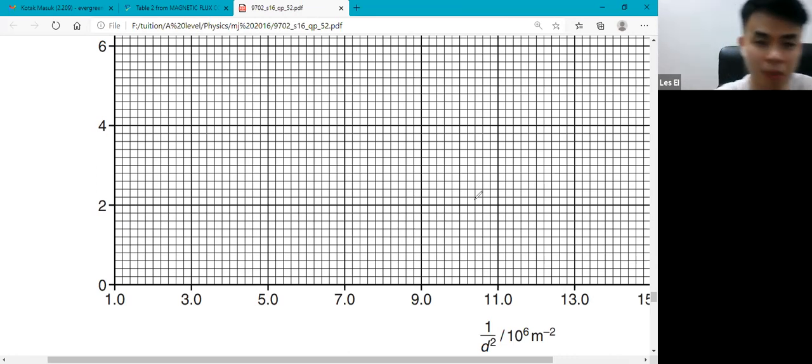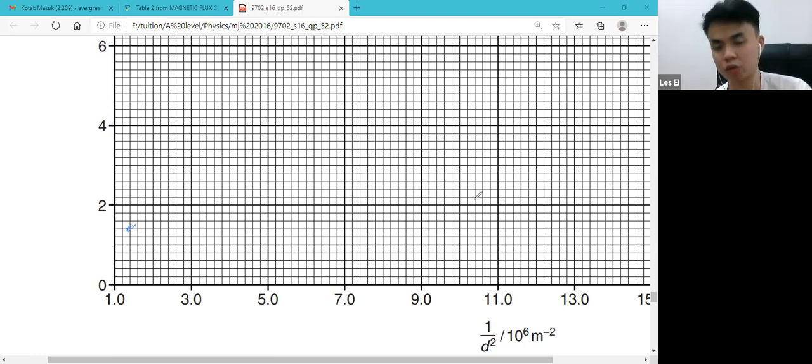So you have to find first where the R is 1.6, and the 1 over D squared is at 1.2. So here it is, right? Can you see the blue dot? This one is 1.6 and 1.2. Any students have questions until here?